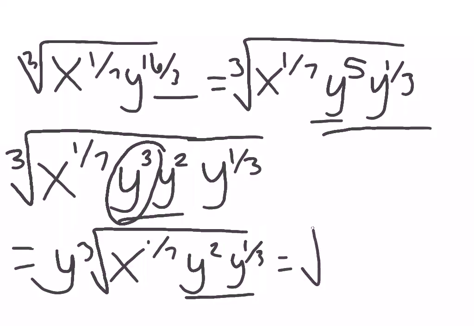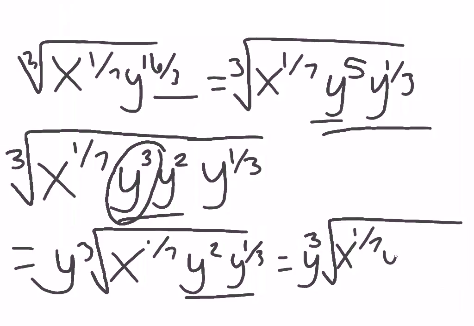So I'm going to go ahead and say that this is the cubed root. Oops, actually I keep forgetting this y outside of there. It's the same thing as y times the cubed root of x to the 1/7, y to the 6/3 times y to the 1/3, which would be y to the 7/3, because 6/3 plus 1/3 is 7/3.